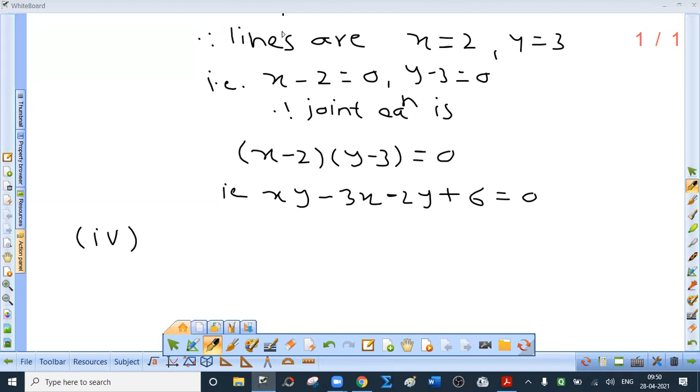So write down slope of the line 3x plus 2y minus 1 equal to 0 is minus 3 by 2.